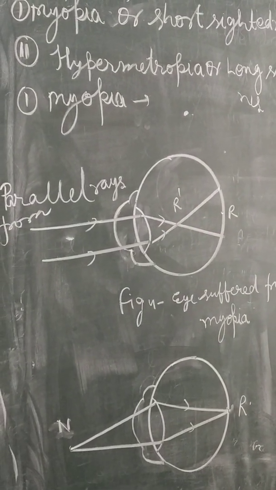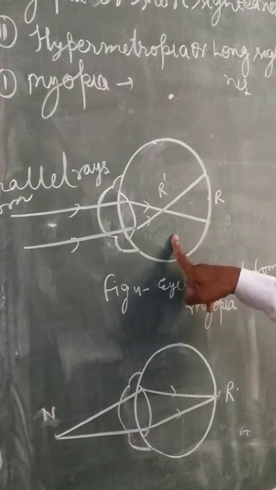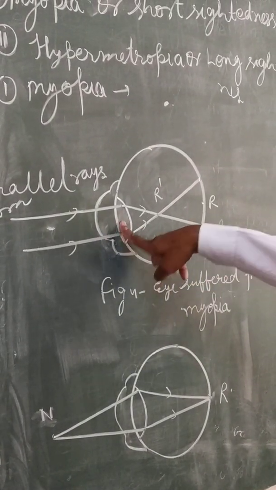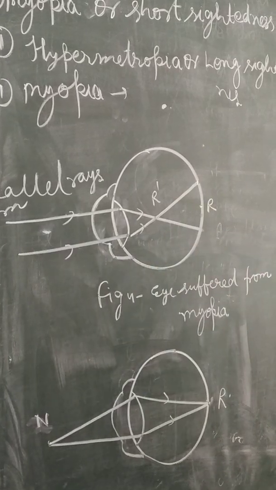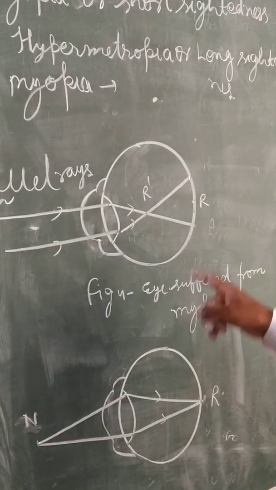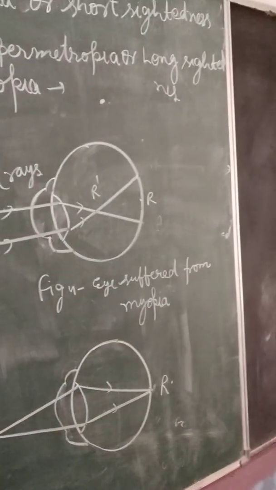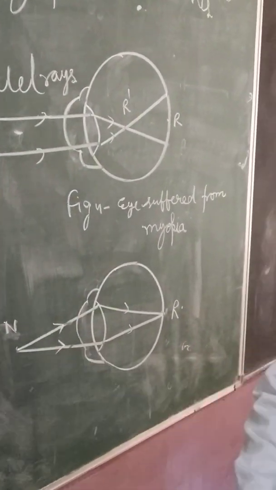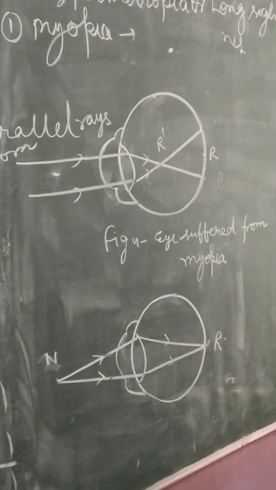What are the causes? Elongation of the eyeball, from which the distance between the lens and retina is affected. So this eye sees the nearby object but not the far point object.